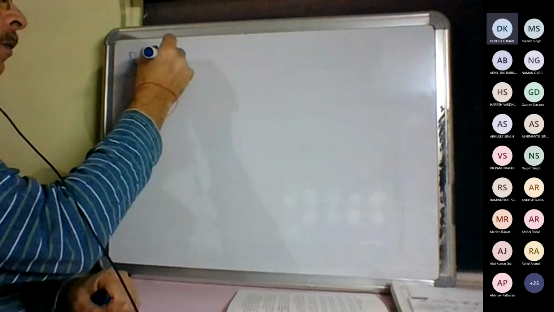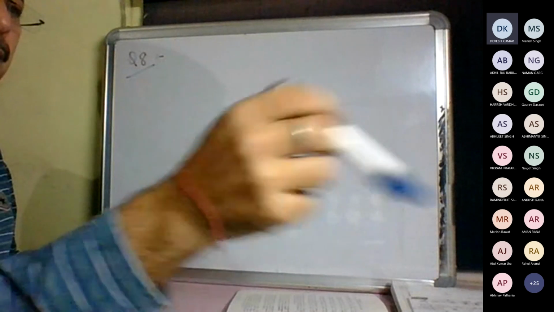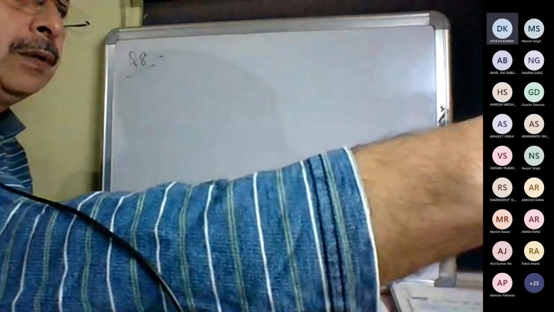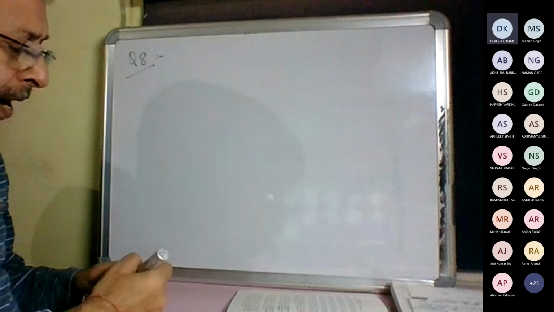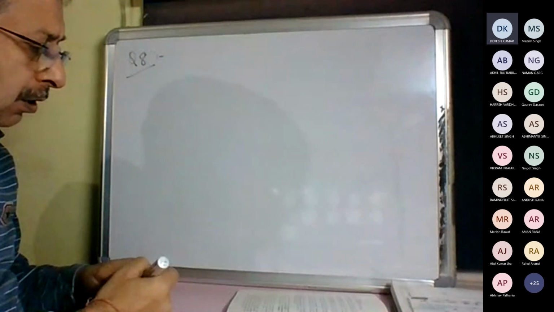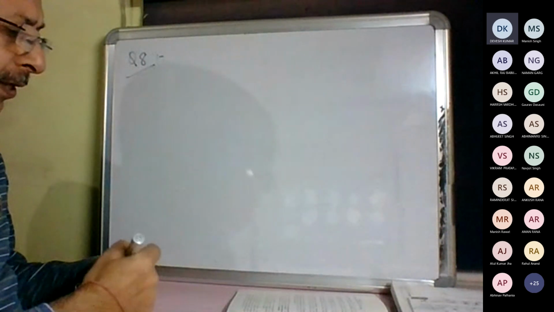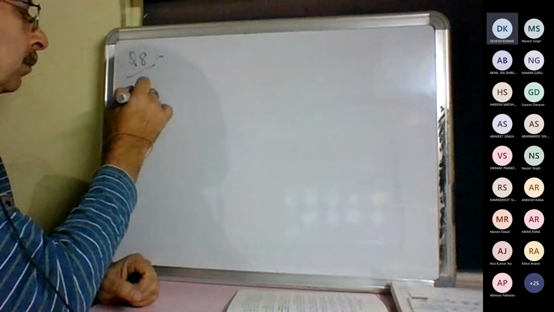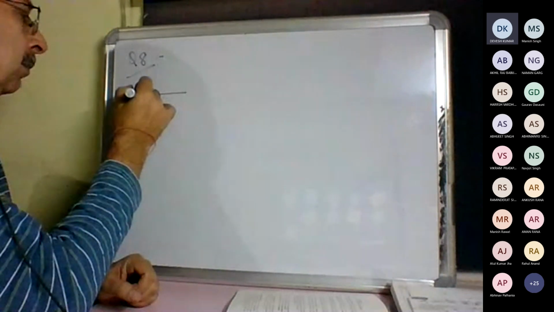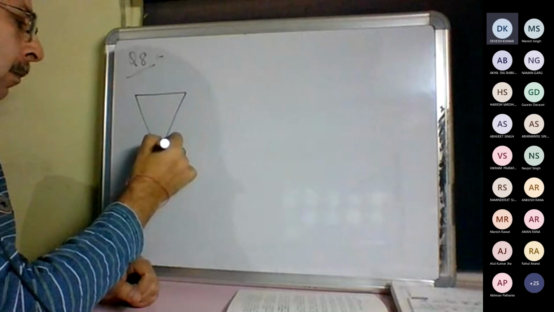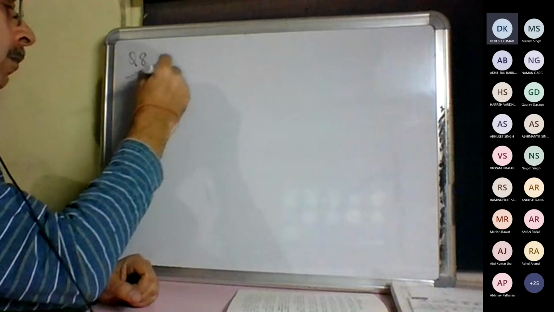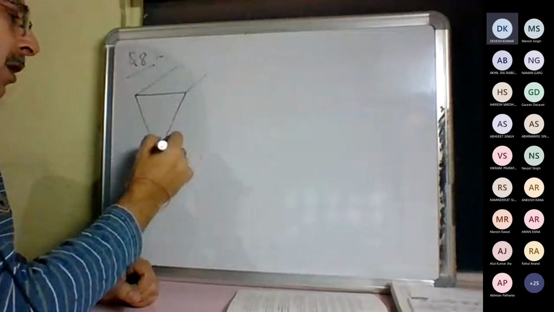So, question number 8. A barge is shaped like a triangular prism, 20 meters broad at the top. This is a triangular prism.